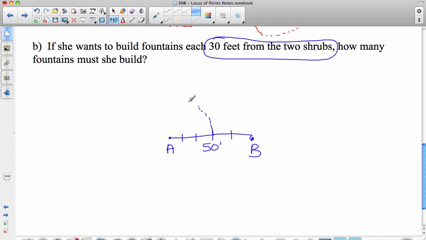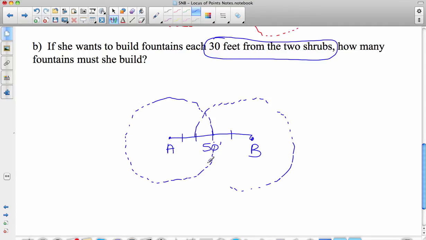This is going to be my locus of points for any spot that would be 30 feet from shrub A. Similarly, I need to go 30 feet from shrub B: 10, 20, 30. So this is going to be my locus of points that are 30 feet from shrub B.